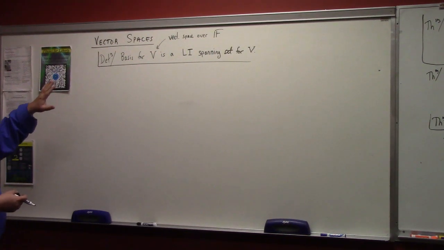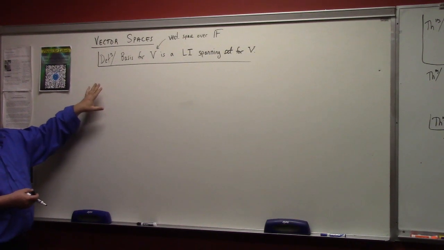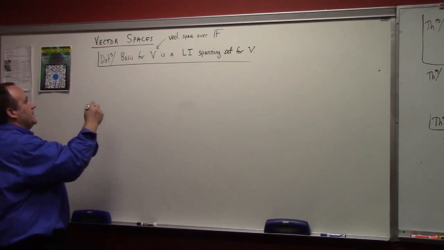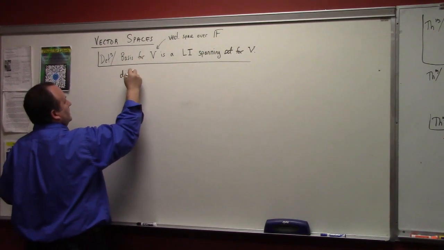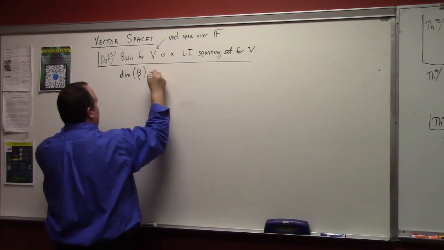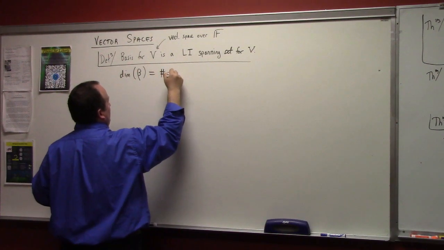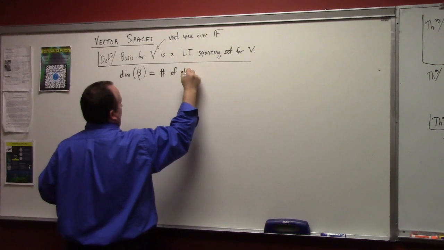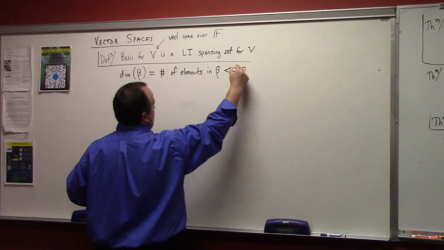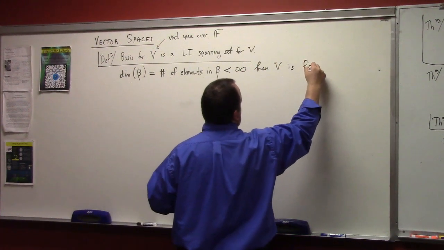So if V is a finite dimensional vector space, then the dimension is the cardinality of the basis, but that's just the number of elements in the basis. So if the dimension is equal to the number of elements in beta, and that's less than infinity, then V is finite dimensional.